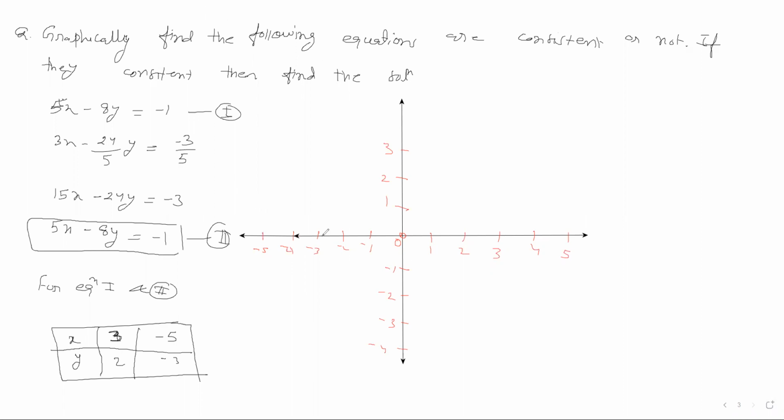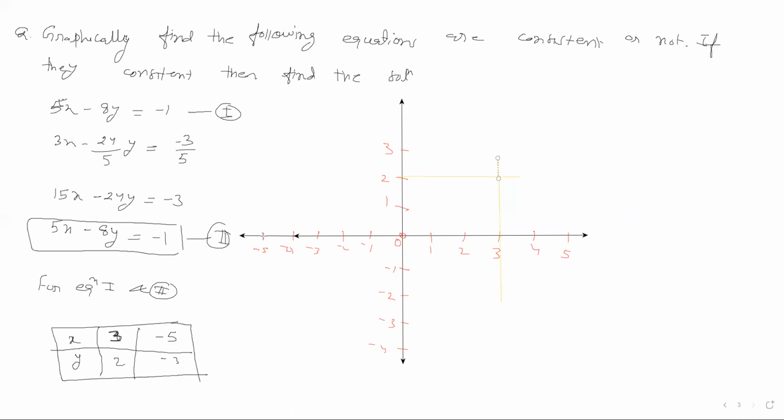What we have is (3,2). The line for x equals 3 is this, and the line for y equals 2 is this. Now the second point is (-5,-3).